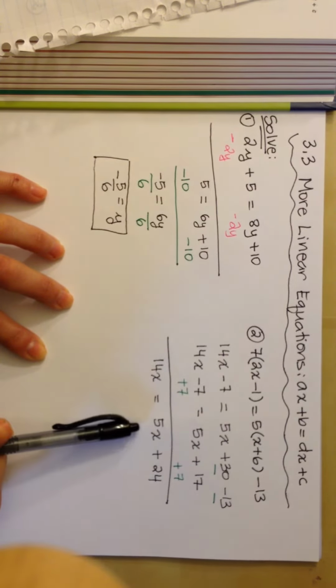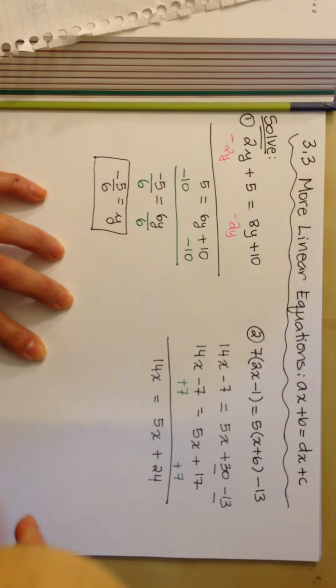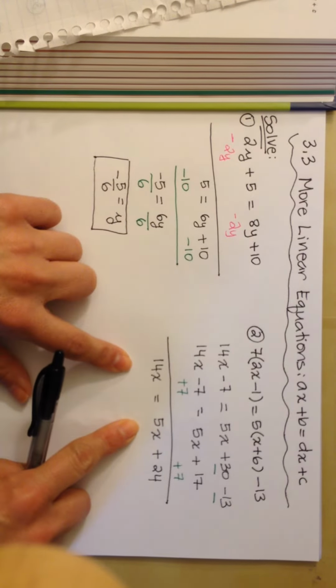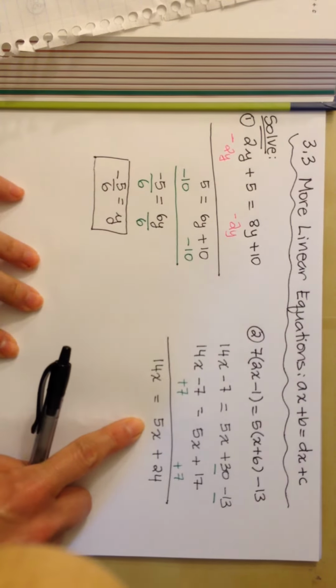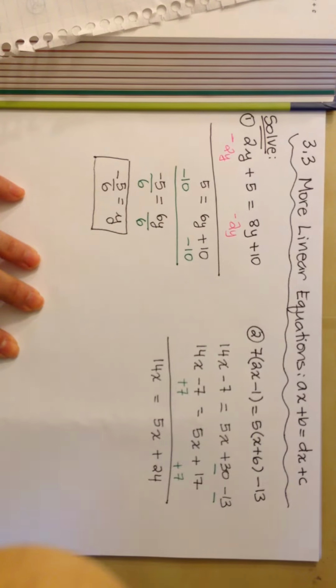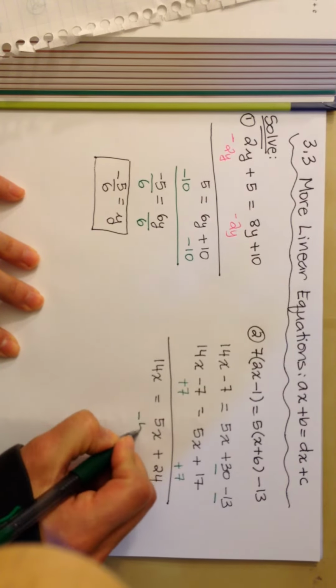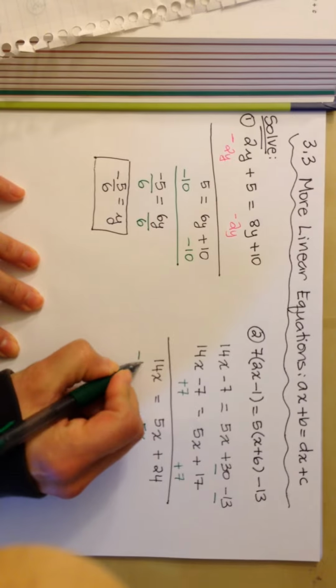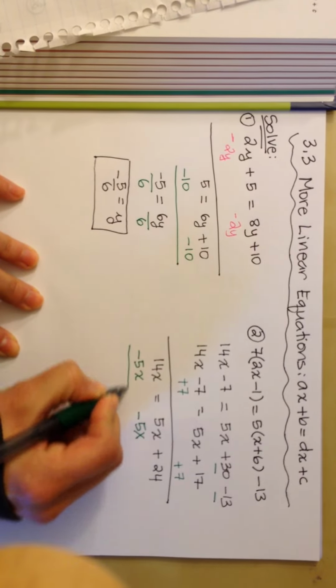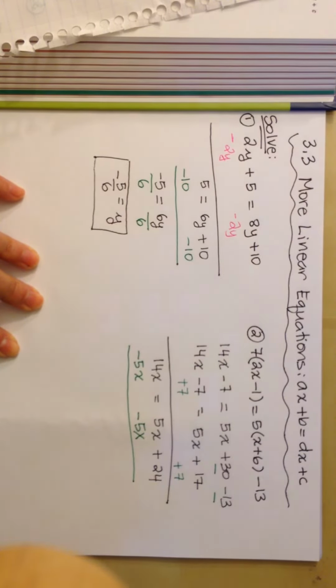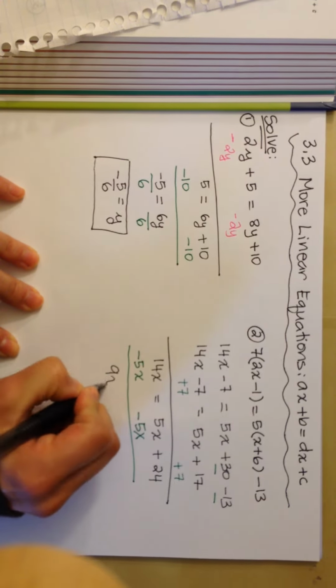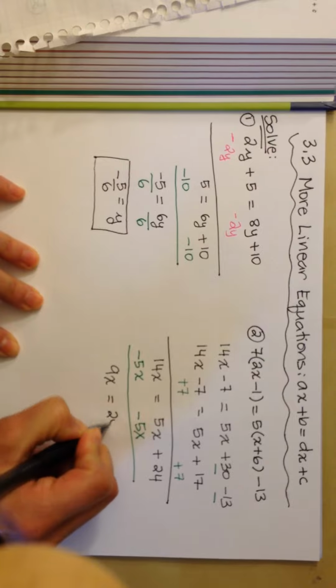Next, we need these two x terms to be on the same side, and so we're going to subtract 5x from both sides. When we subtract, we are left with 9x equal to 24.